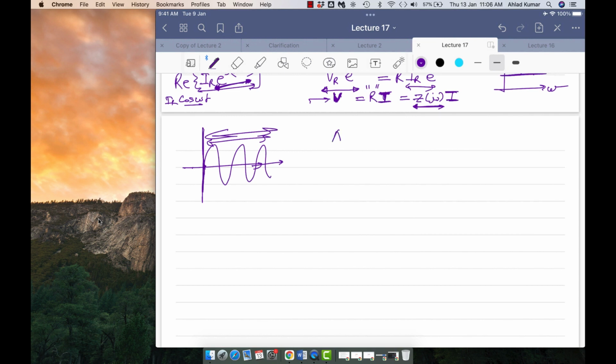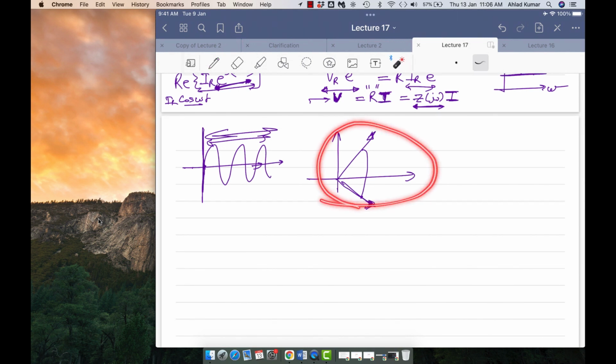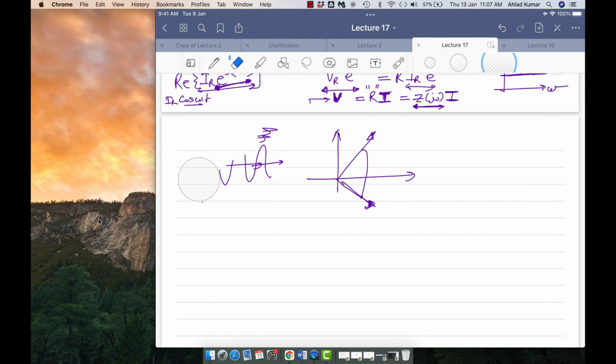But if you represent the same thing in terms of phasors, which I will do now, you will easily see that this phasor is leading the one at the back. So for better representation and better understanding of the circuit, we do it in the phasor format for AC signals rather than time domain signals.